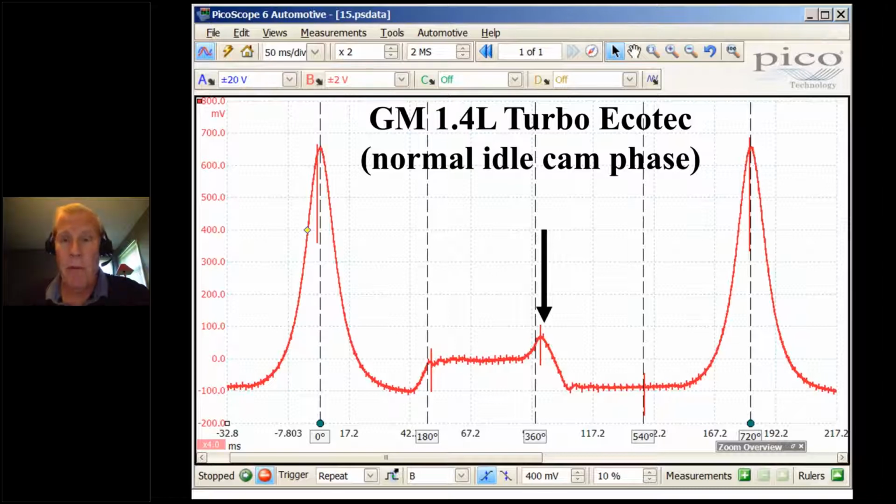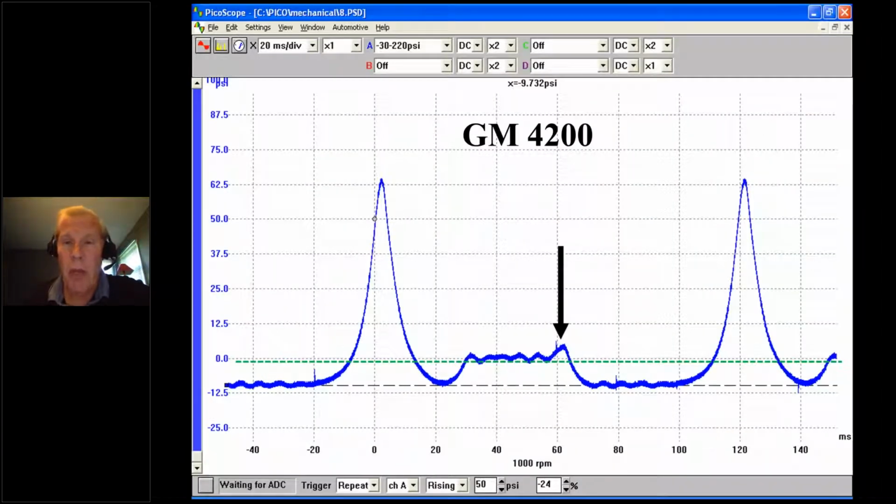So I'm going to go back to the 4200 for a moment. If the exhaust cam by default is fully advanced, and it is, both valve events, when the exhaust valve opens and when the exhaust valve closes, occur sooner or earlier. I just want to focus right now on when the exhaust valve closes.